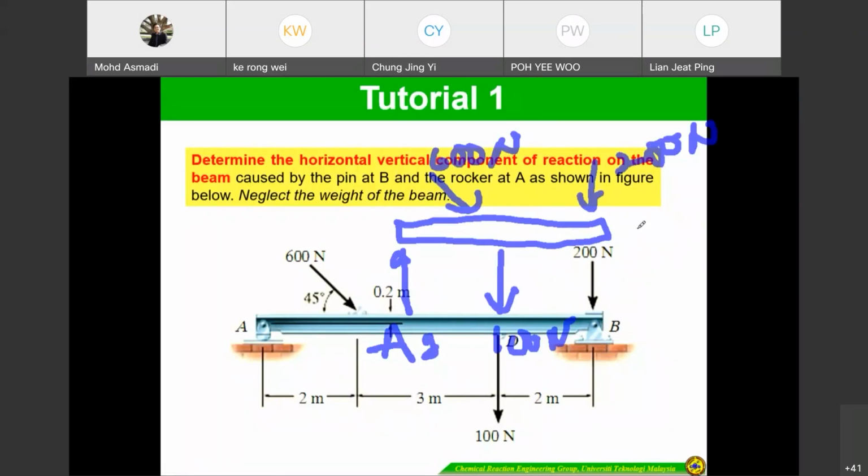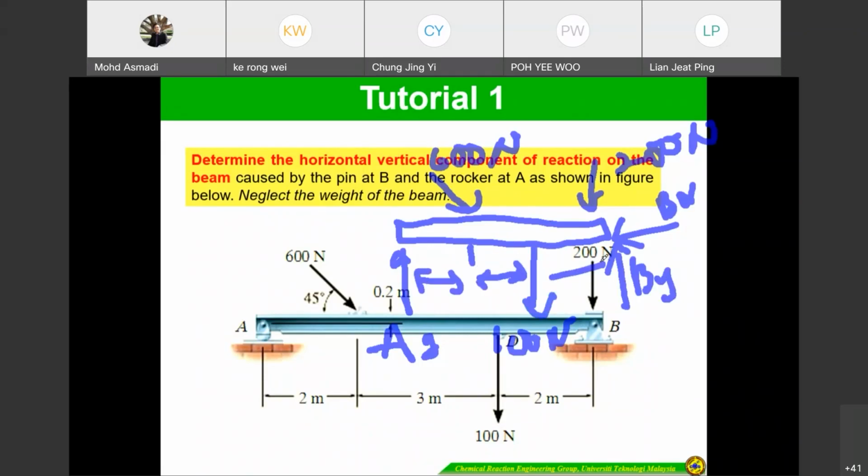B, so we just have BX, BY. And then the distance, it should be a little bit here, I think. So the distance, label. All of these you have to label. Okay, there's the free body diagram.